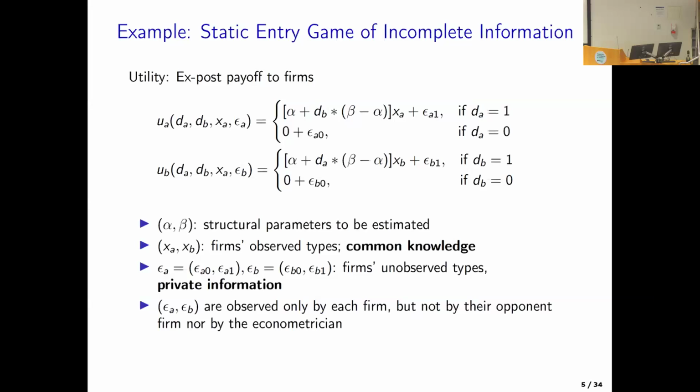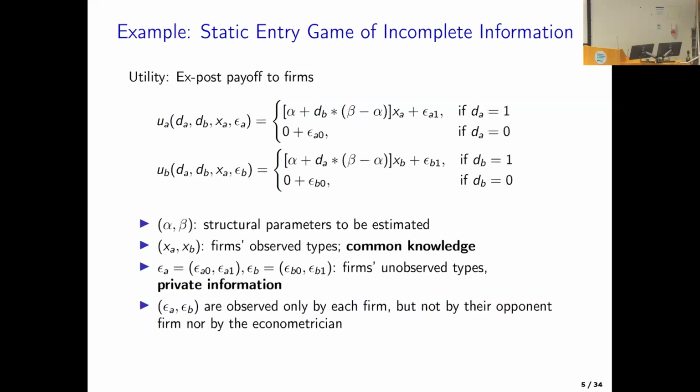If I'm in the market together with firm B, then I get this sum, which is essentially beta, because then you subtract alpha again. So you can say alpha is like the monopoly profits, and then there's duopoly profits, that's beta, and then all scaled up by X, which could be, I don't know, the size of the firm or something like that.